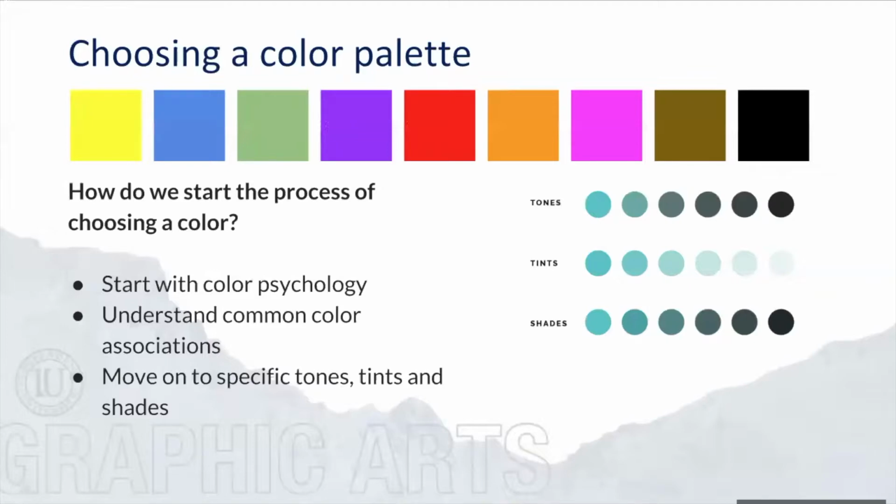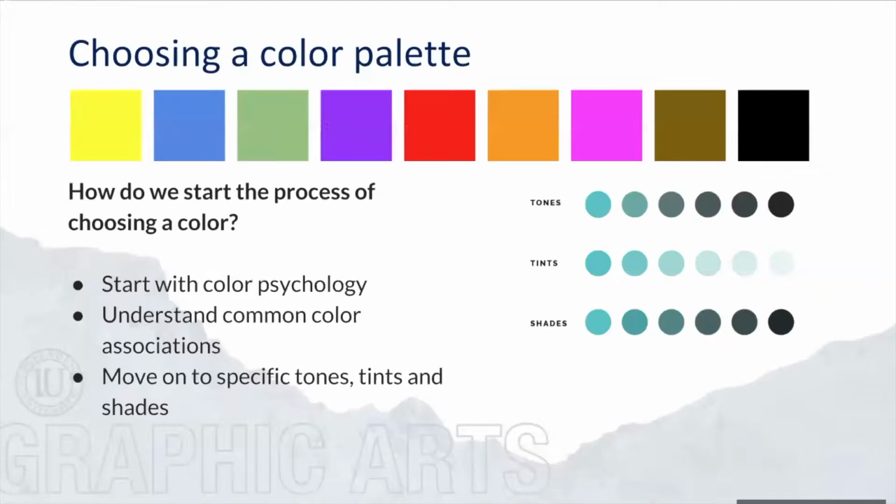Some common associations with green can include freshness, harmony, health, eco-friendliness, healing, but also inexperience, money, and nature. So it's kind of interesting, let's think of a couple of things that are green. Recycling bins, those are usually green, whereas your trash receptacles are a different color.